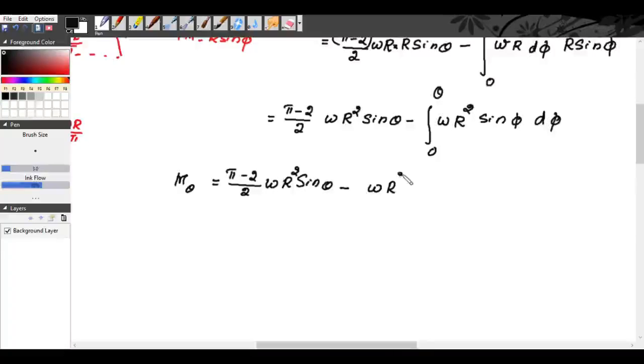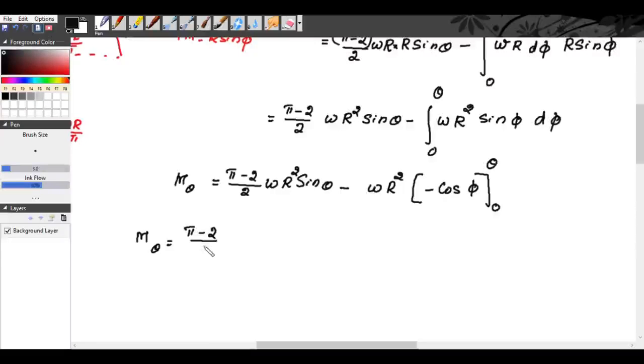So WR² into integration of sin θ is minus cos θ, right? Integration of sin θ is minus cos θ. So it is minus cos φ from 0 to θ.